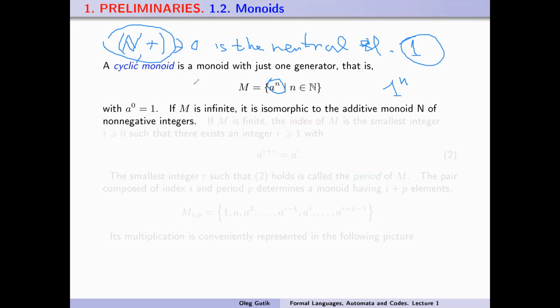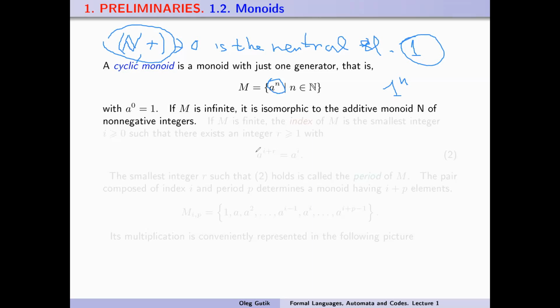We have a very nice property: if a cyclic monoid M is infinite, then it is isomorphic to the additive monoid N of non-negative integers.